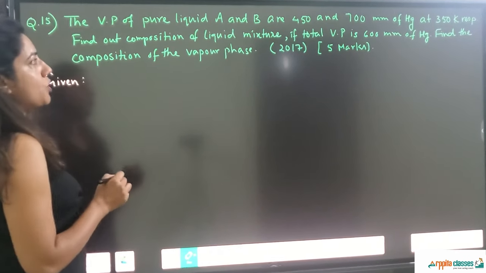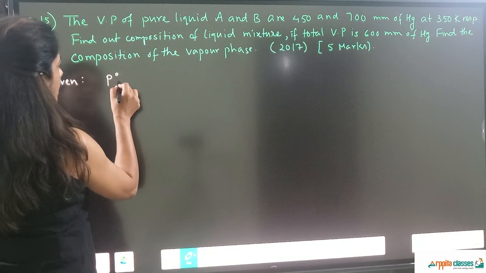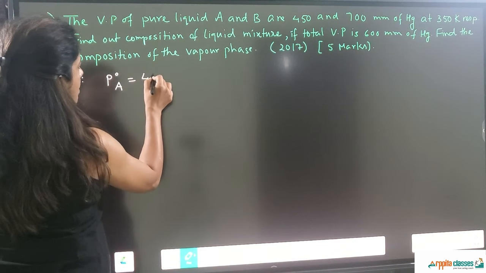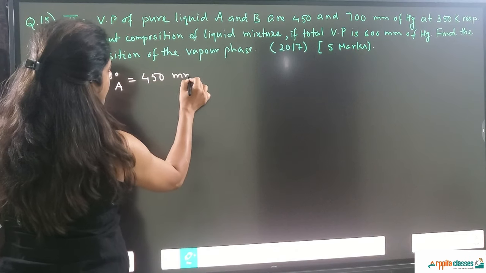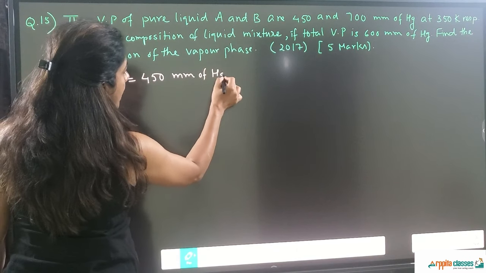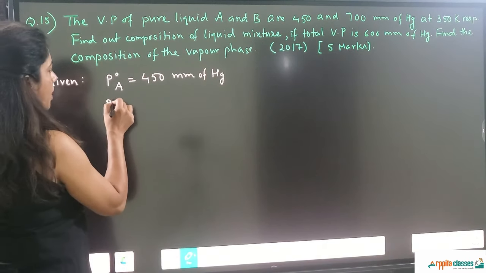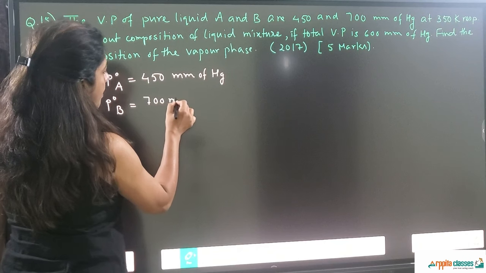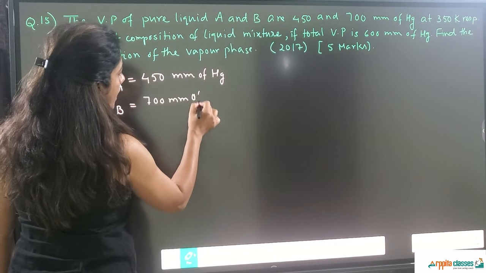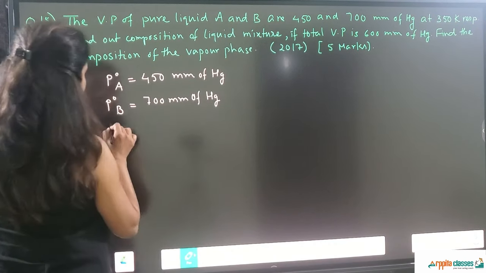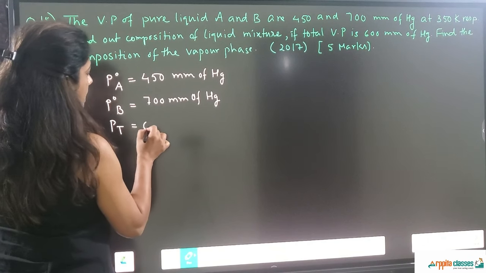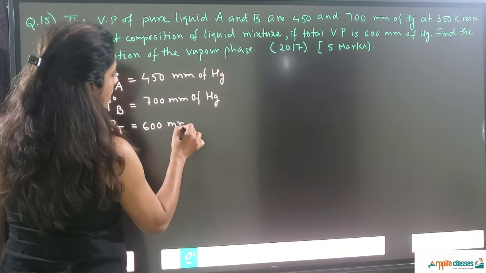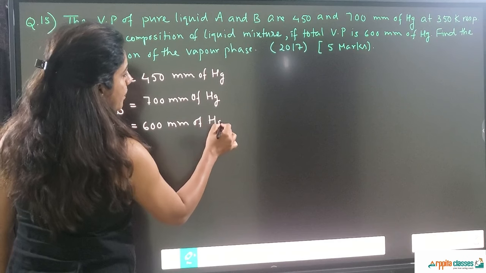The vapor pressure of pure liquid A, which is denoted by P naught A, is 450 mm of Hg, and the vapor pressure of pure liquid B, which is denoted by P naught B, that's 700 mm of Hg, and the total vapor pressure, that is Pt, is equal to 600 mm of Hg.